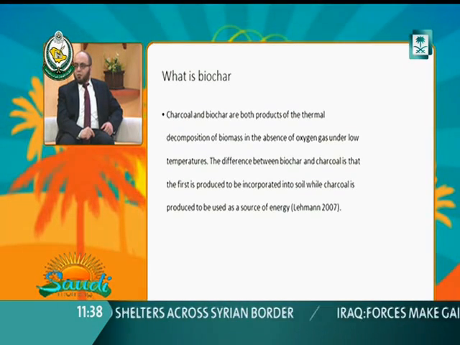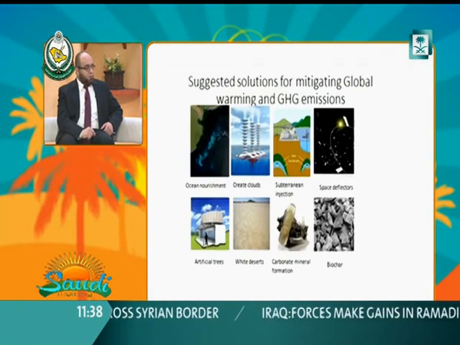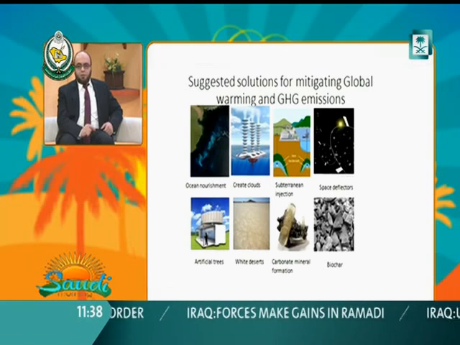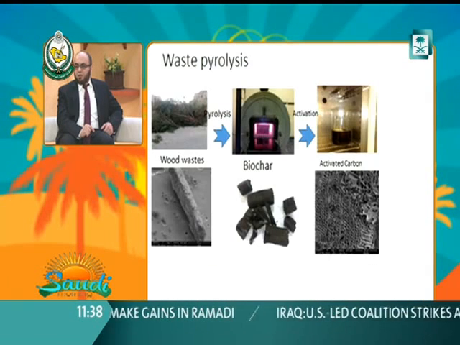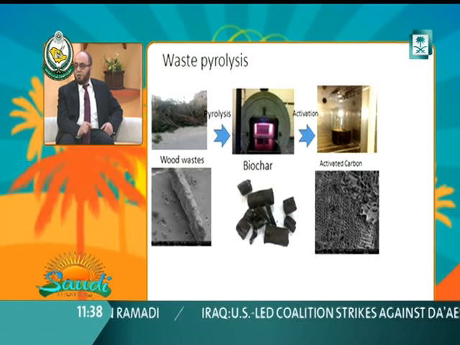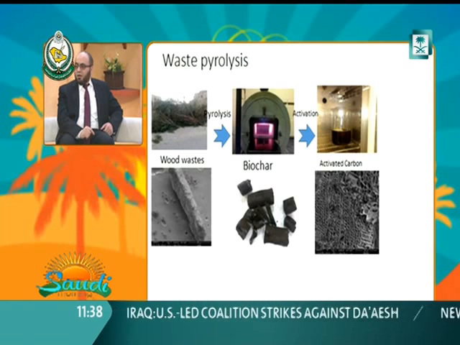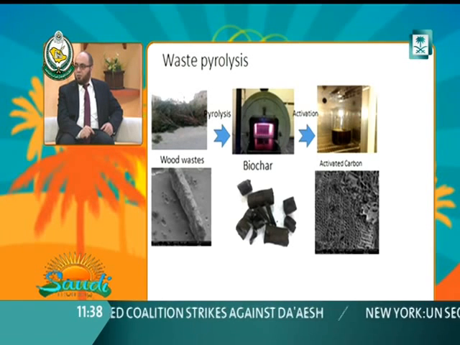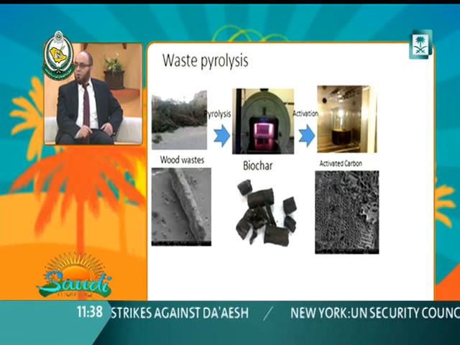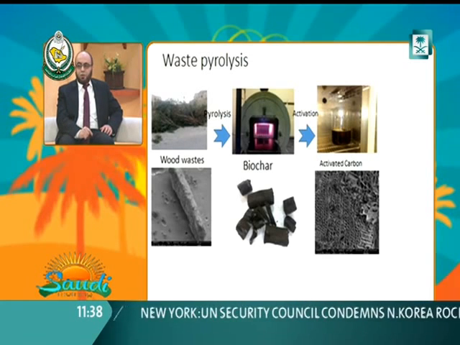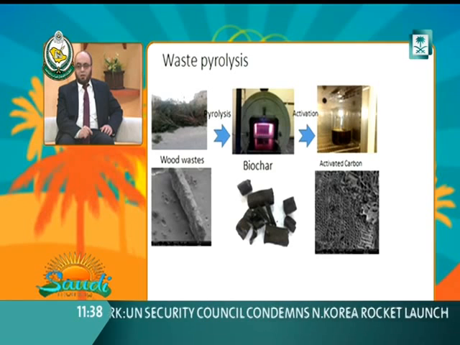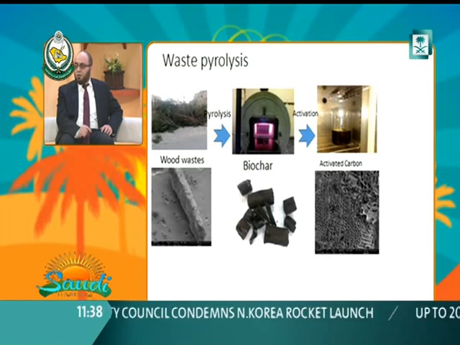Yes, of course. So when we produce biochar, these are the suggested methods for carbon sequestration, and this is the production of biochar through pyrolysis. Basically, we collect the wastes, like we see here, pruning wastes from trees.